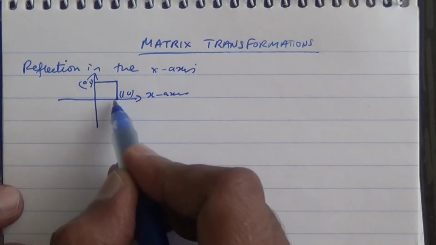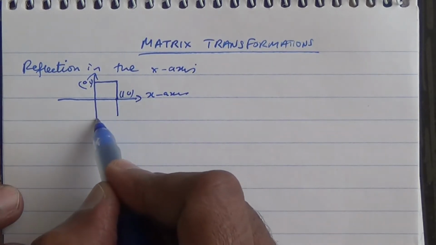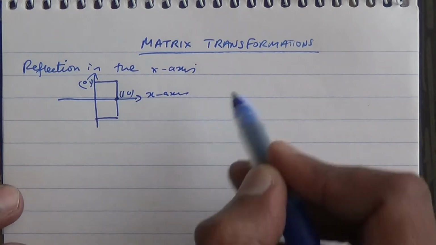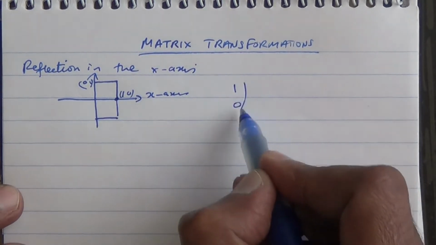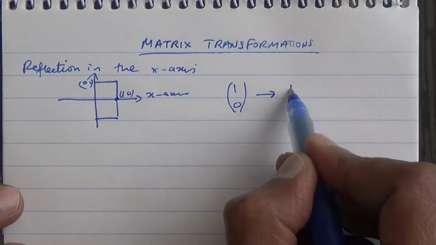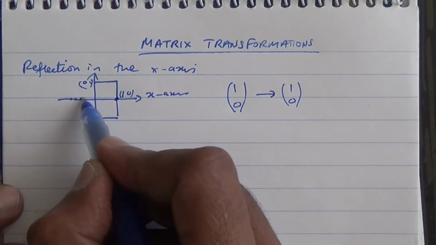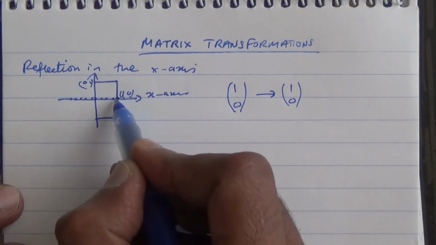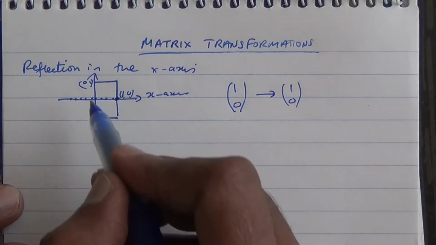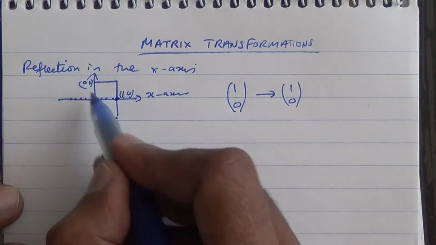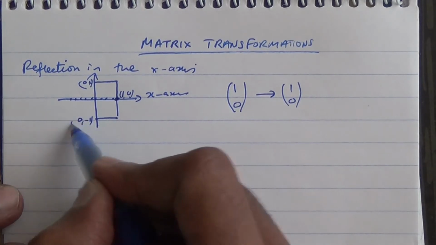Of course, if this is reflected here, it's going to come down here. So the 1, 0, which is on the x-axis, will remain there as 1, 0, because it's not going to reflect, it's going to stay there, as if this is the mirror line. However, that point which is 0, 1 is going to become 0, minus 1.